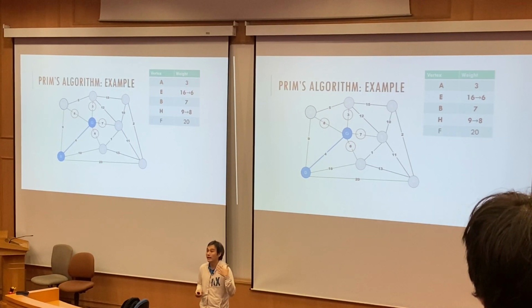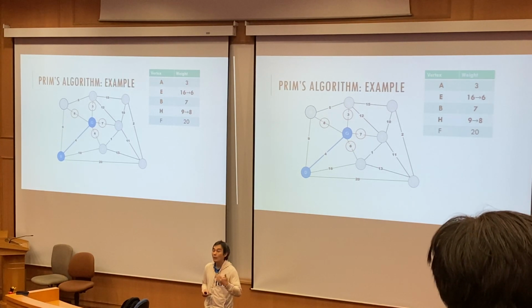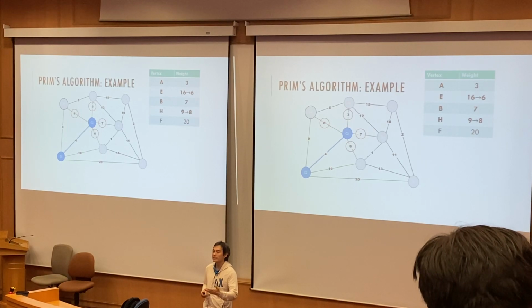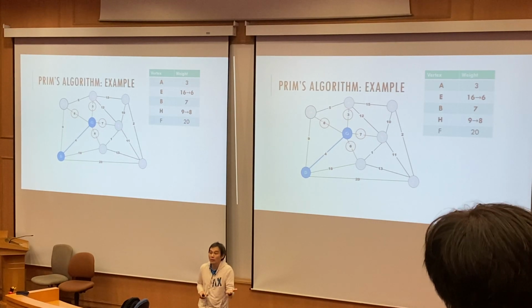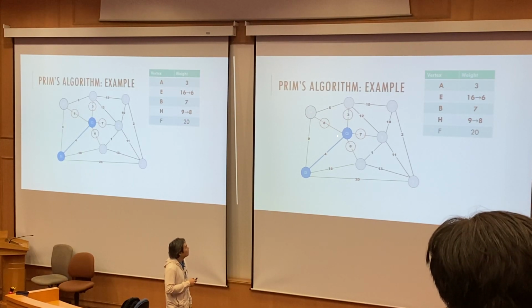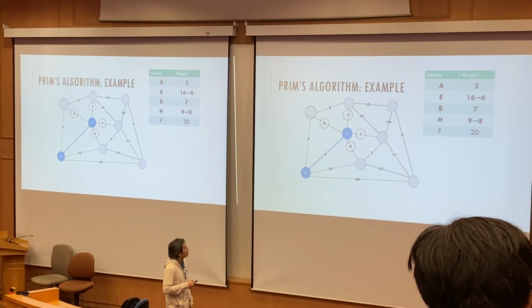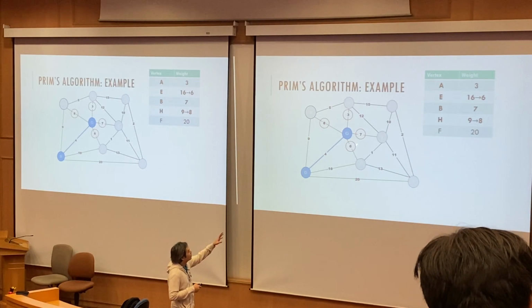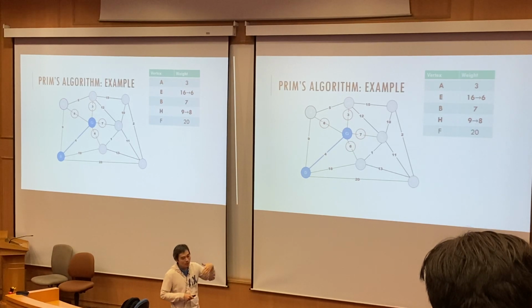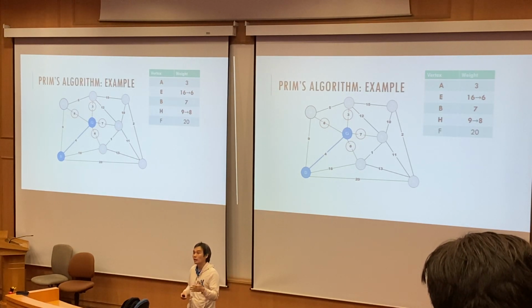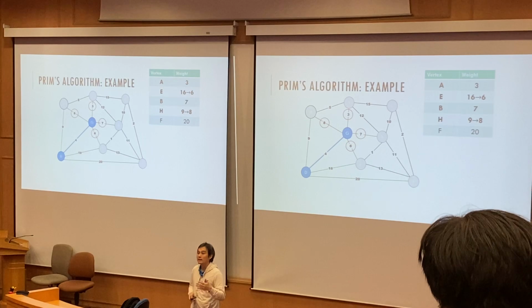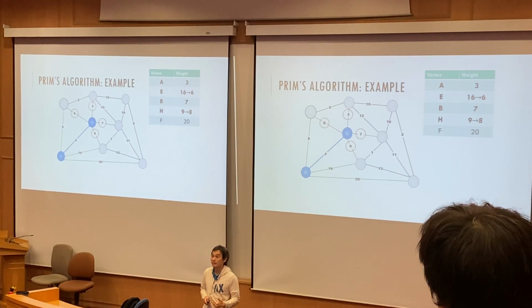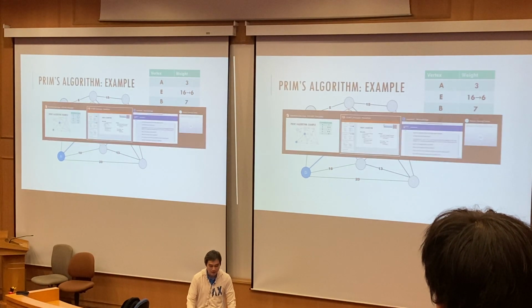Now, how many times do we do this decrease key operation? Worst case scenario, every time you look at an edge, you're going to decrease. So that's going to be E log V time. That's why it's E log V time.